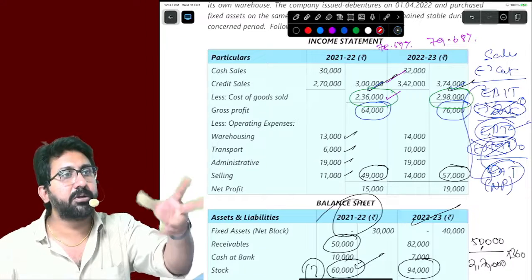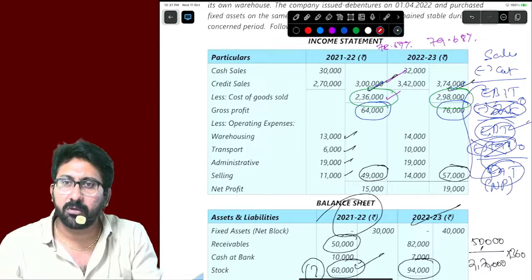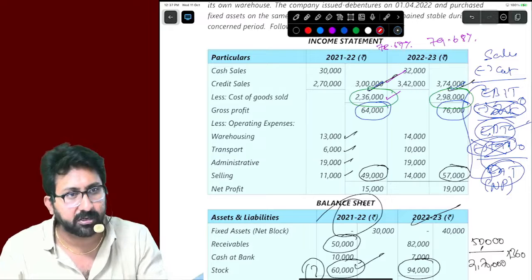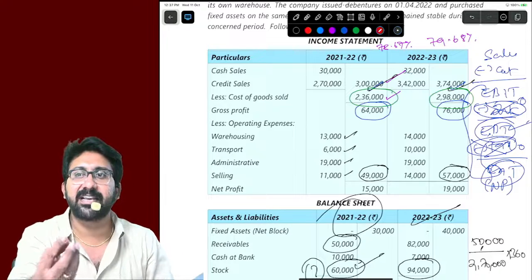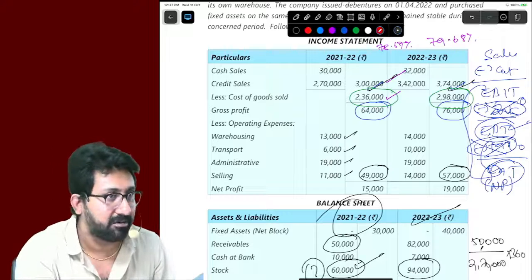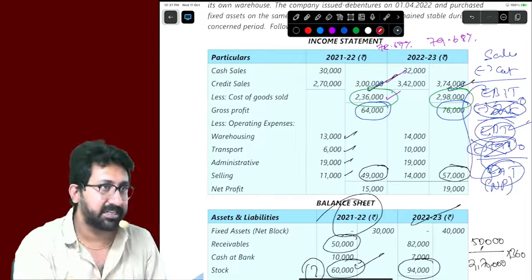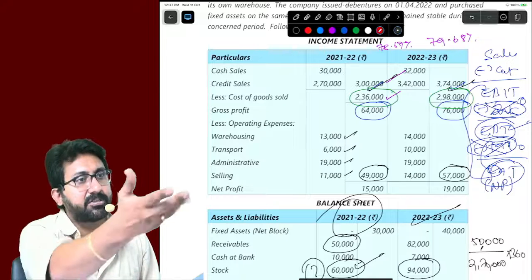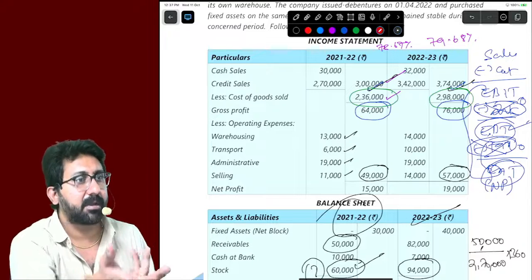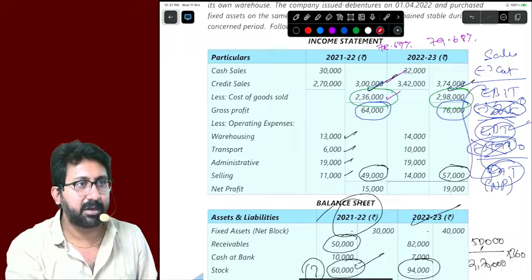Therefore, you can assume in two ways. In the exam, you can either take 360 or 365. It's assumption based. For understanding's sake and easiness, 360 will always be better. That's why I am considering 360. In the examination, you can also assume that the year contains 365 days. A small difference will come in the answers. That's all. Everything else will look the same.